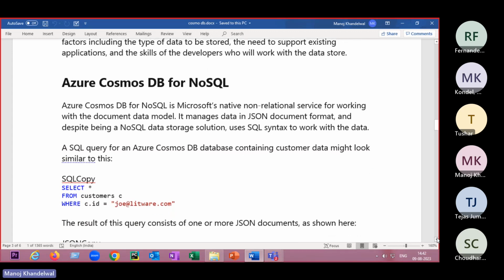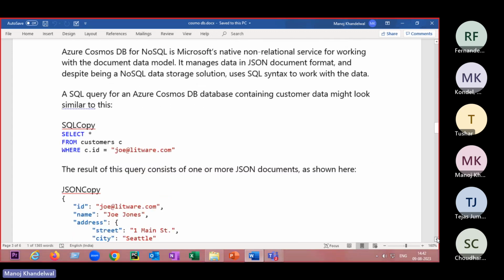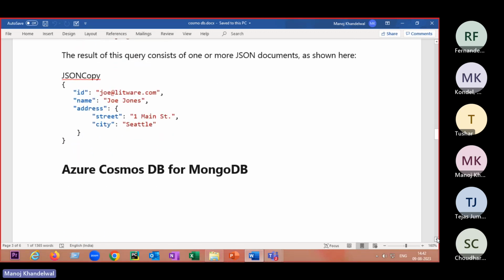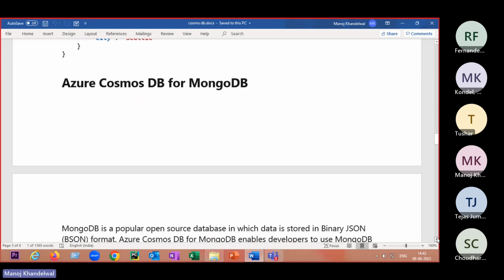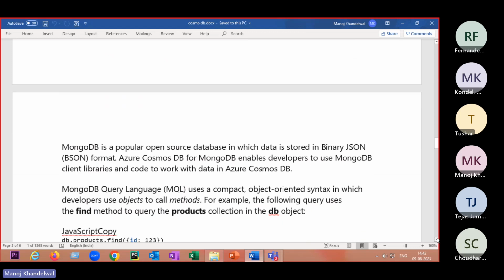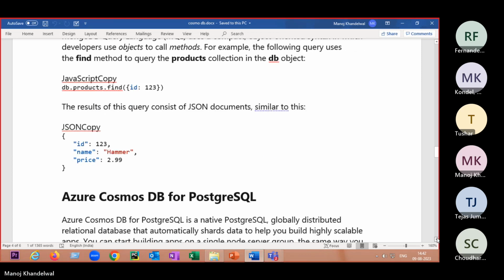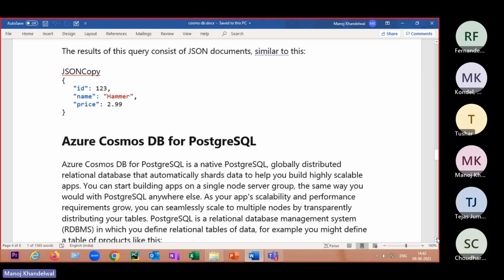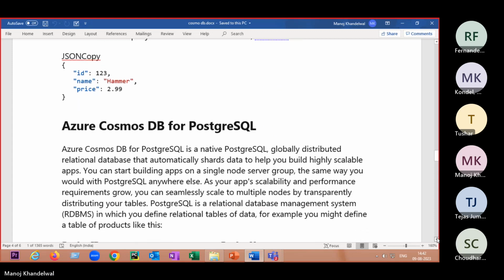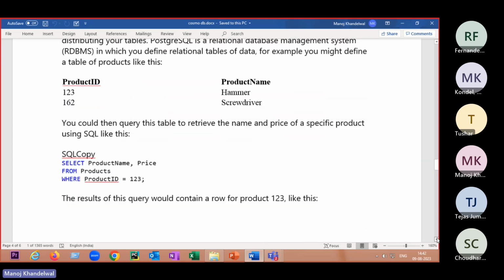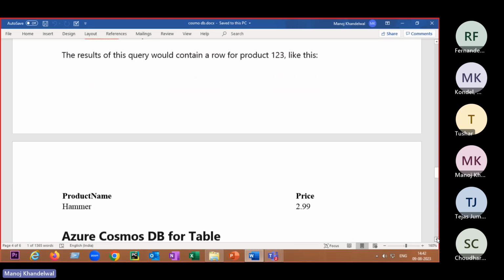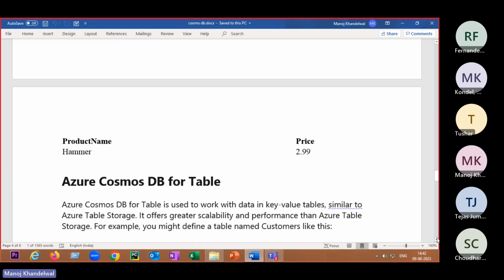So you can see this Azure Cosmos DB for NoSQL, then for MongoDB. Have you heard of these database engines, MongoDB? Postgres SQL. Postgres SQL is the relational database, just like SQL, but it is open source.